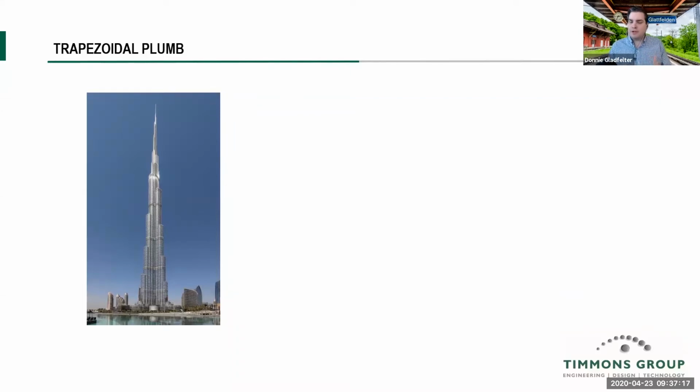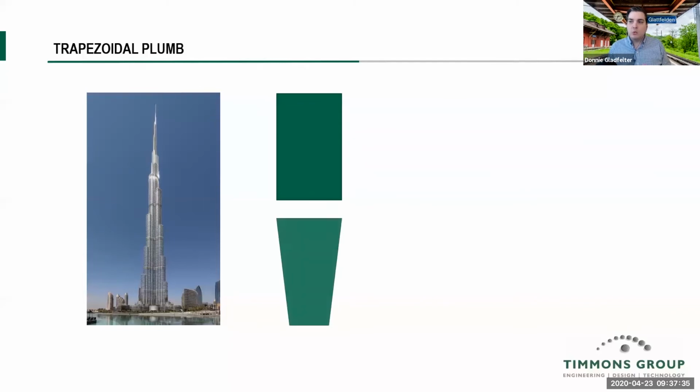Now, this is kind of a curious question because when we think about plumb, we think about things being straight up and down, and they are, except they're straight up and down to the center of Earth. And so if we expand that out over a wide footplate, like the Burj Khalifa has, what we end up with, obviously exaggerated here a little bit, is not a square or rectangle where all corners are 90 degrees, but rather something more like a trapezoid.